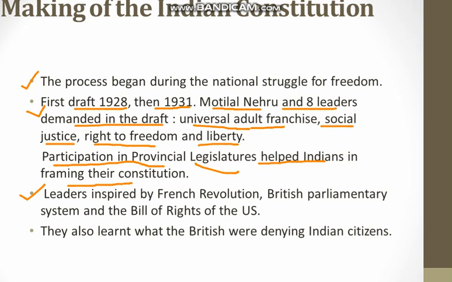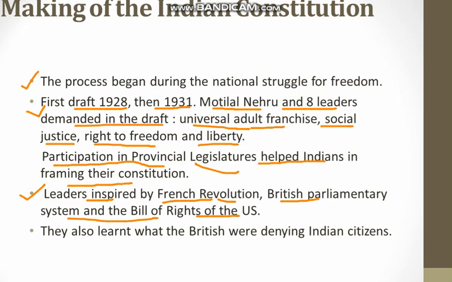The Indian leaders were inspired by the French Revolution. Many experiences were taken by the Indians, and they used their experience and knowledge to form the constitution. They were inspired by the French Revolution, the British parliamentary system and the Bill of Rights of the US.